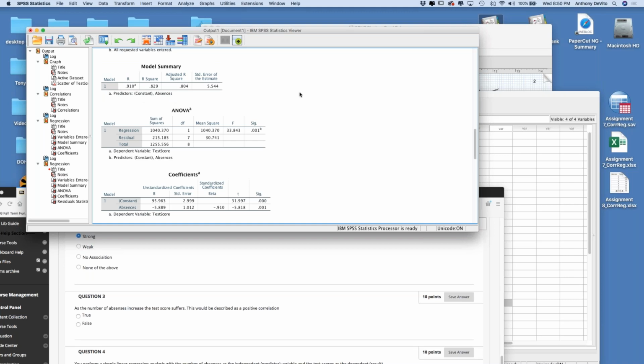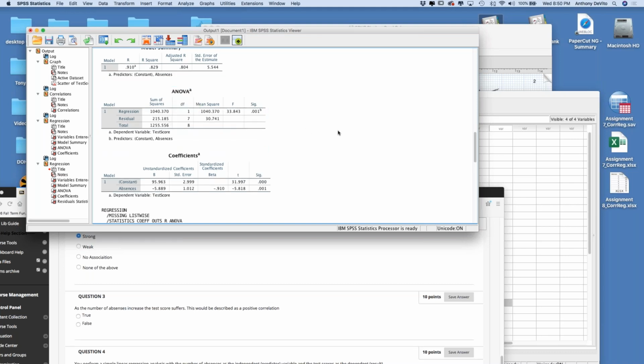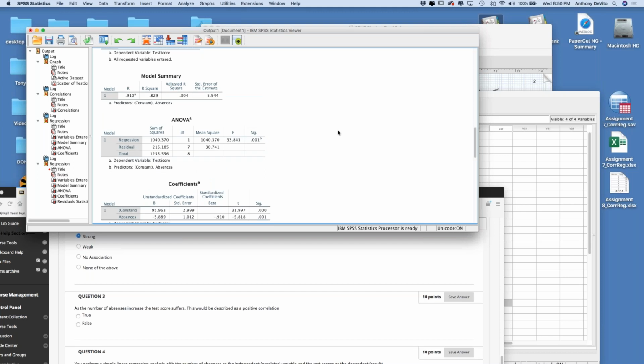That R square actually has a function in understanding this relationship. That number, 0.829, tells us that 82.9, say 83%, of the variability in the test score is due to the predictor variable, the number of absences.